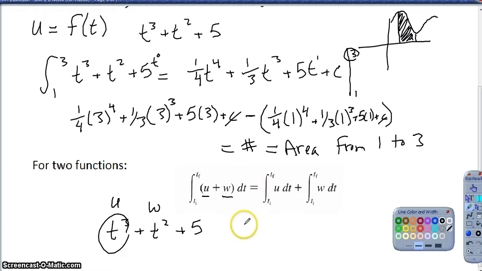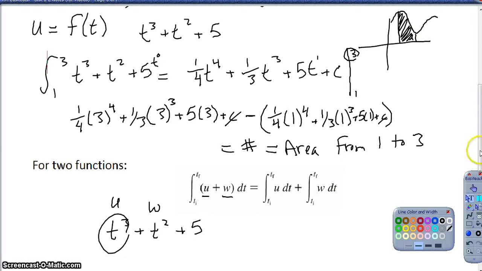All this equation is saying is if you want to find the integral of this whole equation, you can just do them in separate pieces as long as you can break them up as the sum. Okay, so I could, again, just like I did up above, do the integral of t cubed, which would be 1/4 t to the 4th. I could do the integral of t to the 2nd, which would be 1/3 t to the 3rd, and then I could do the integral of this, and then just sum all of those up.